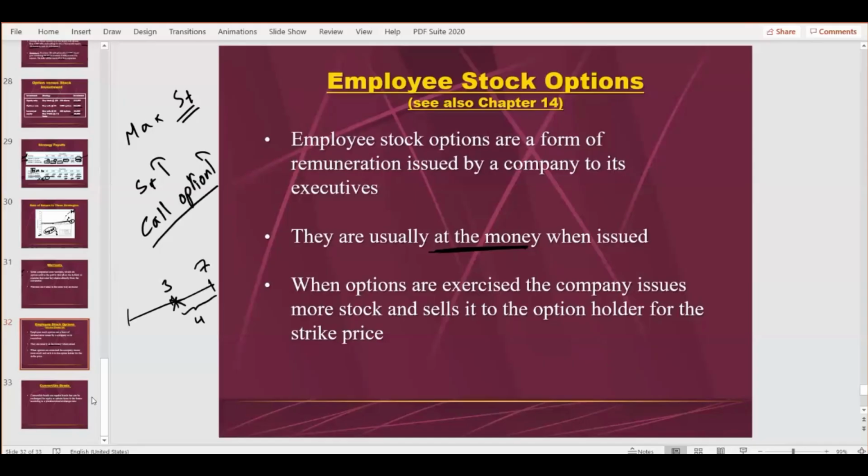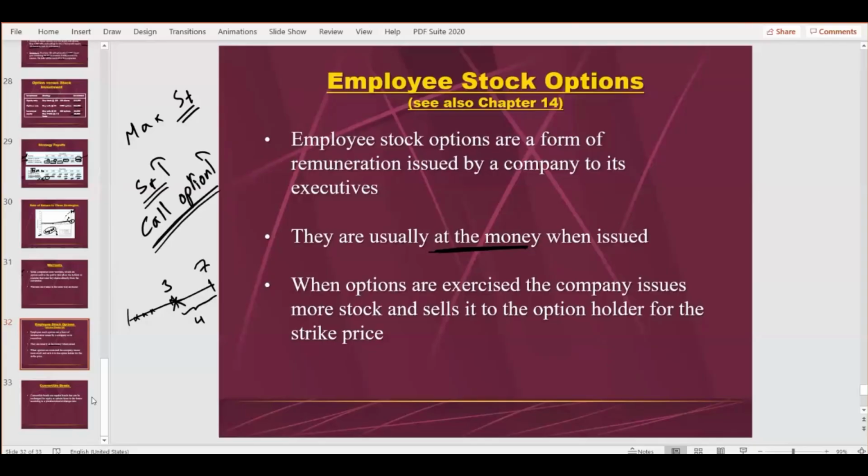And as I said, this is to prevent the executives from manipulating their financial statements or doing anything just to make the stock price increase over the short term. So doing that, it means that the executives will have to take decisions that are going to increase shareholders' wealth over the long term, that are going to increase the stock price over the long term, in order to benefit from those call options.